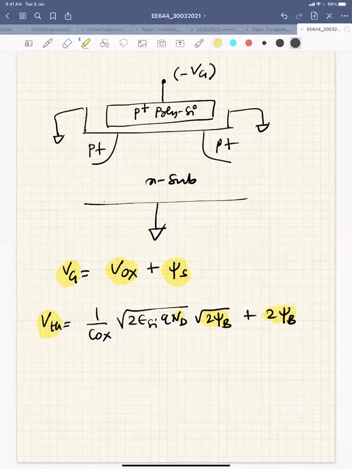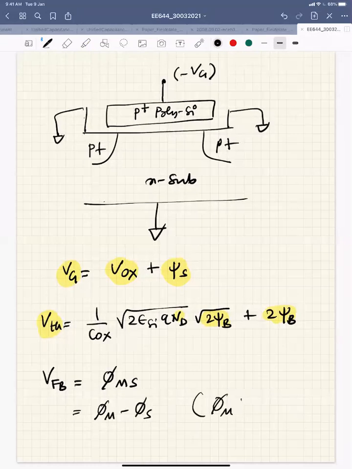And when you're talking about work function, your flat band voltage for a PMOS transistor will again be phi m minus phi s, right? But in this case your phi m is more than phi s because your gate is P-type polysilicon.